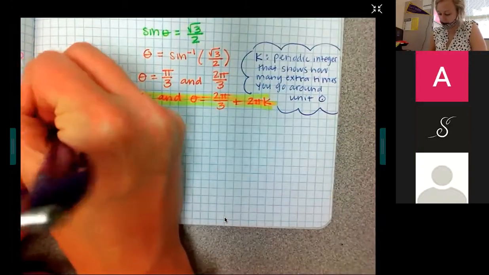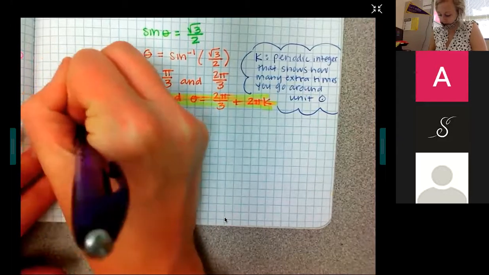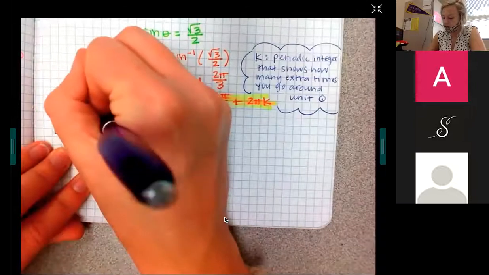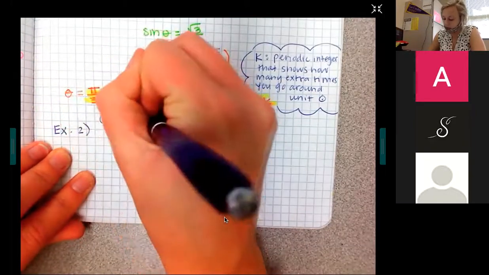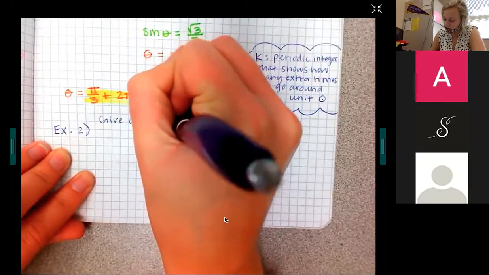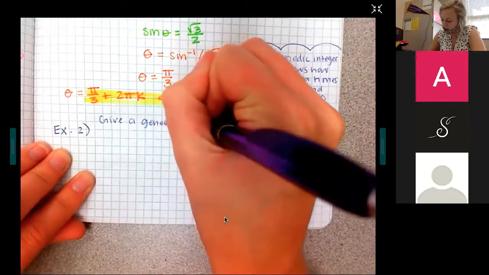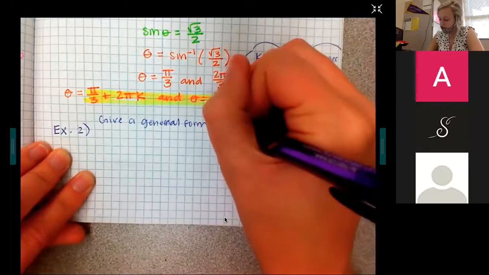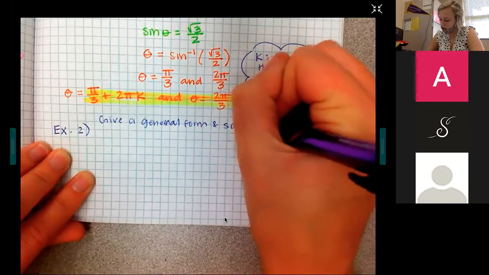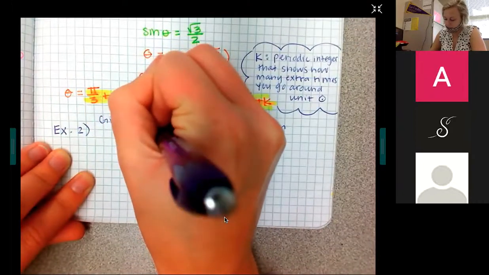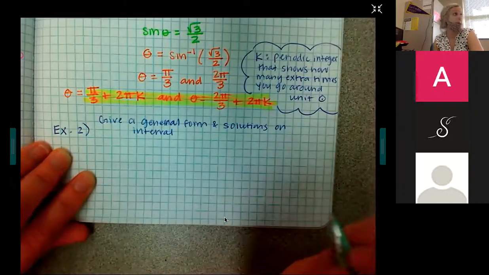I appreciate that. All right. Example 2. For all of these, I want us to practice giving a general form and solutions on the interval. What interval would y'all like to practice?